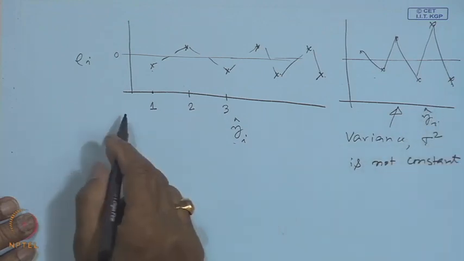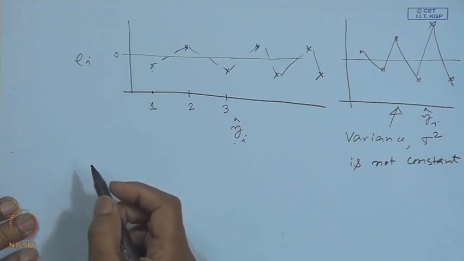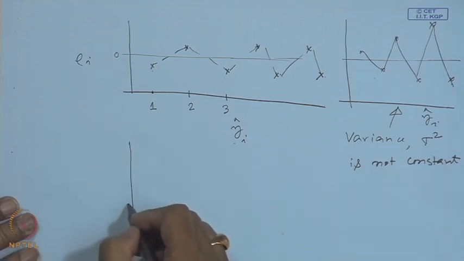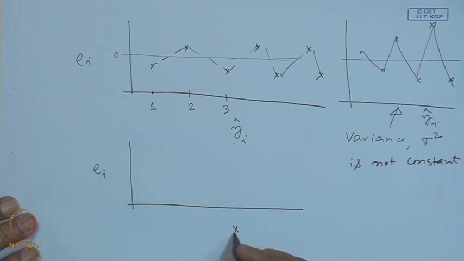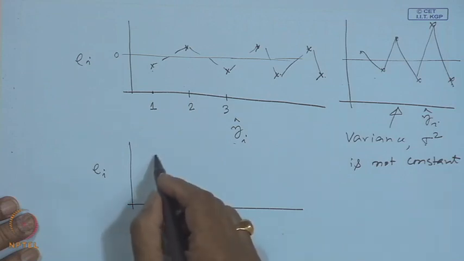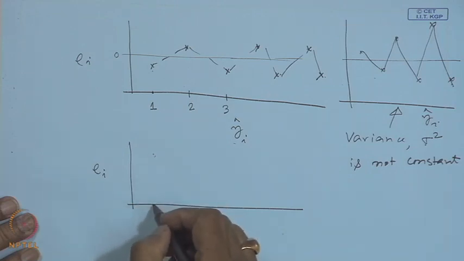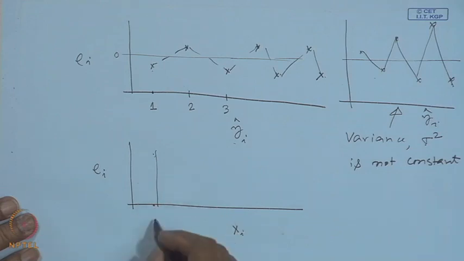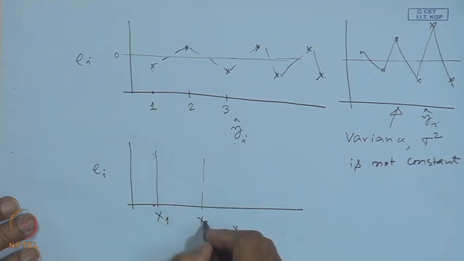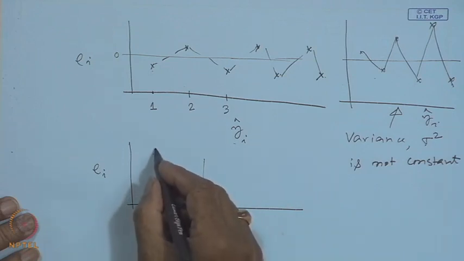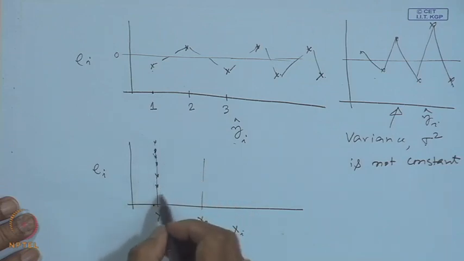The third plot is the plot of residuals versus each regressor x_i. Here, for each regressor x1, x2 and x3, you may see all the points lying here. There are so many observations.